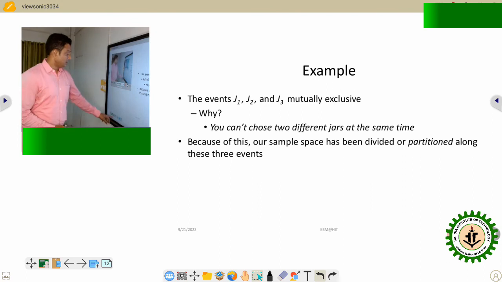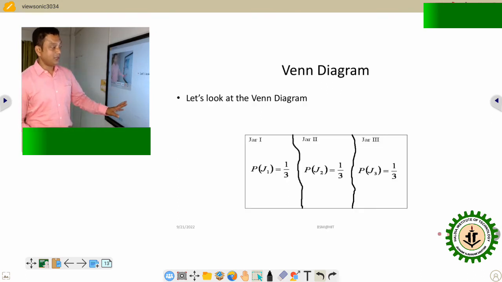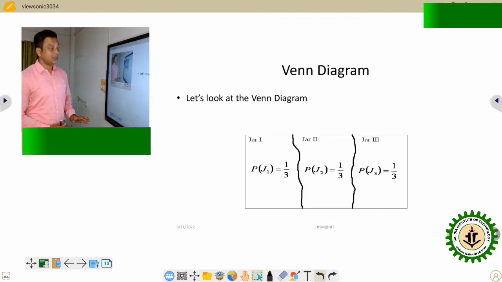Look at this in the Venn diagram: jar 1, jar 2 and jar 3. There is no preference for any jar, so the selection procedure is equal for them. So the probability of any jar is 1/3.